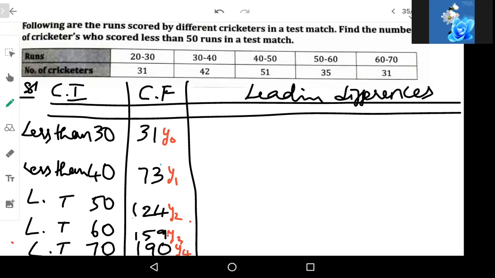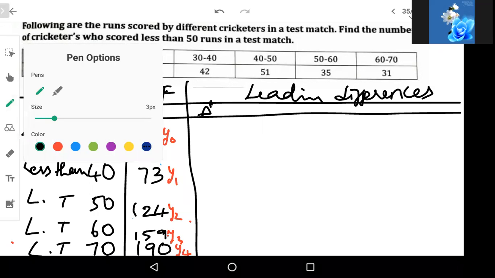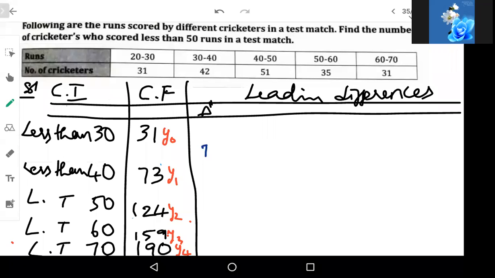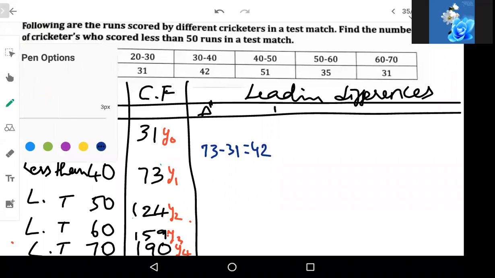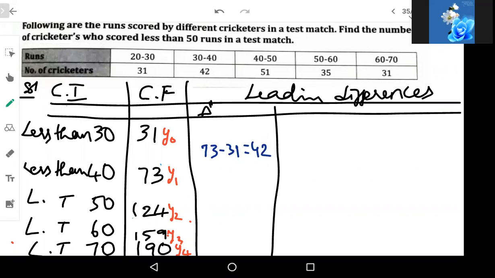The first one will be the first leading difference. Which two do we have to subtract? We have to subtract 73 minus 31, which will be 42. So this is the first leading difference.